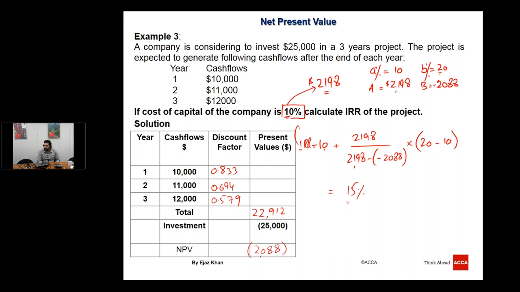Fahad, whenever you face any problems in any area, the only way of removing the problems and removing the weaknesses is to practice more and more. Just go through the MCQs as much as possible, and this is the only way that you can improve yourself in the MCQ section. You can go for the revision kits of Kaplan, BPP, Becker.